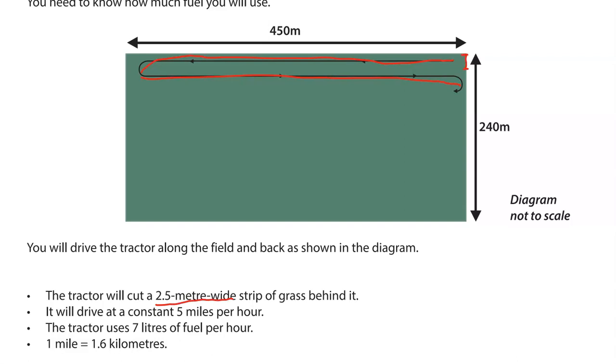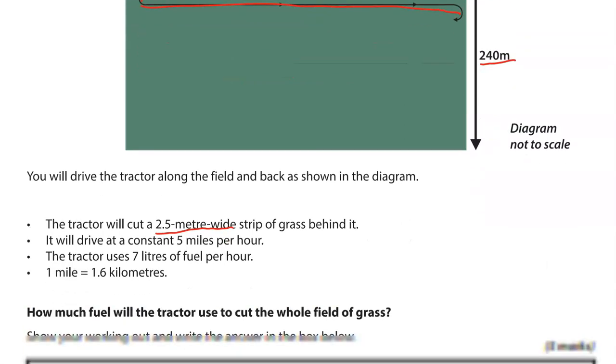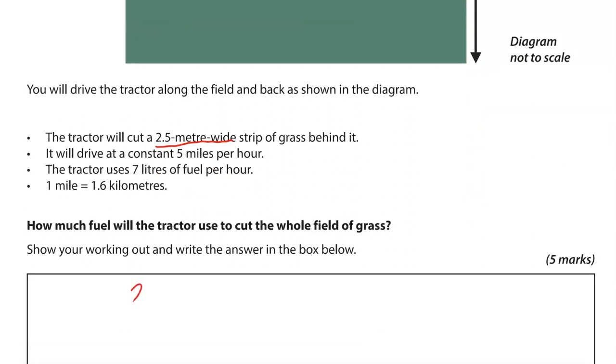So think of this as 2.5 meters. So how many strips will fit into 240 meters? So 240 divided by 2.5. That gives us 96.